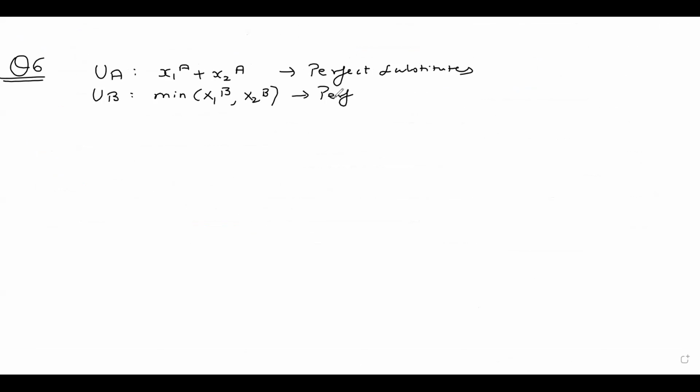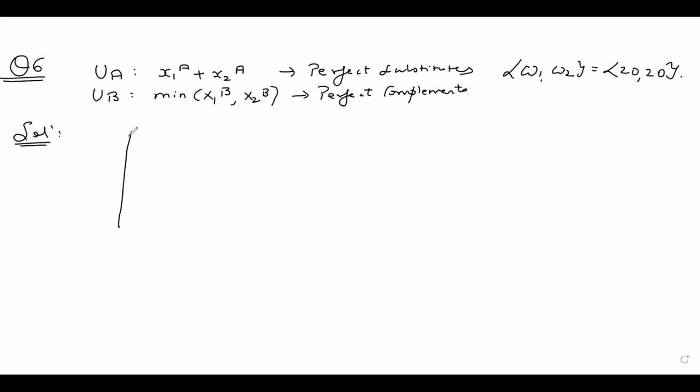These are perfect complement preferences. We are also given the endowment vector, which is 20, 20. So my Edgeworth box is a square. Okay, so I can draw the Edgeworth box. This is origin of A, this is origin of B. From A's origin 20, from B's origin also this is 20.